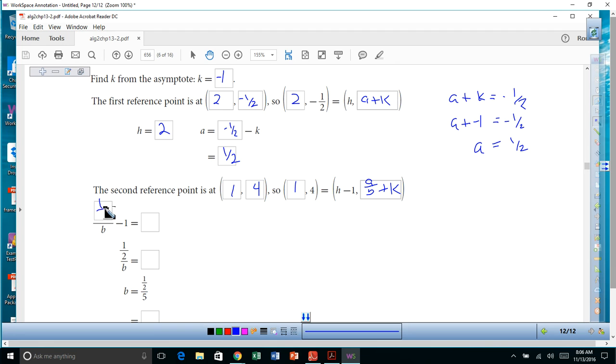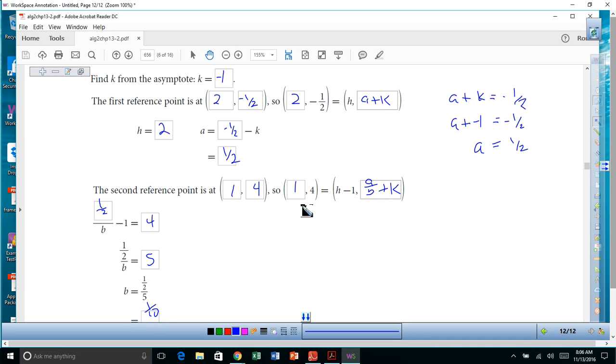So we got 1/2 over b minus 1 equals 4. Add 1 to both sides, so you got 1/2 over b equals 5. And let's see here. So b, and then divide. And I'm getting 1/10.